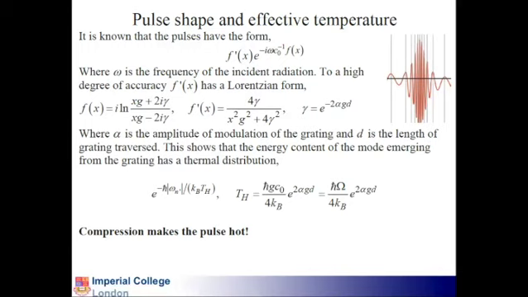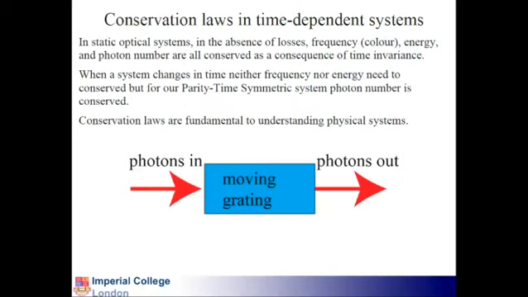So the frequency distribution follows a law like this, with a temperature called TH, which is given in terms of the grating parameter, H bar, the amplitude of modulation, the length of the grating, and the reciprocal lattice vector of the grating. So there's a temperature shown with it, and the compressed pulses get hot. And again, I'll come back and show that that is a mirror of Hawking radiation.